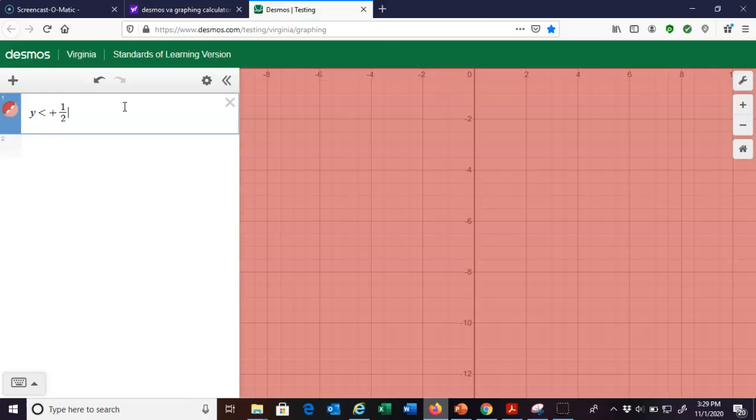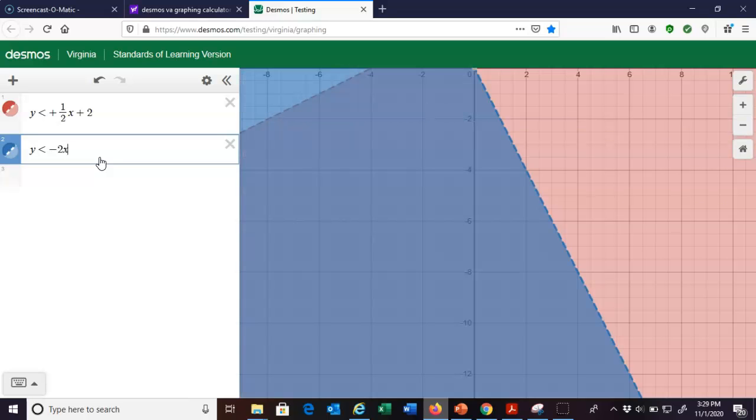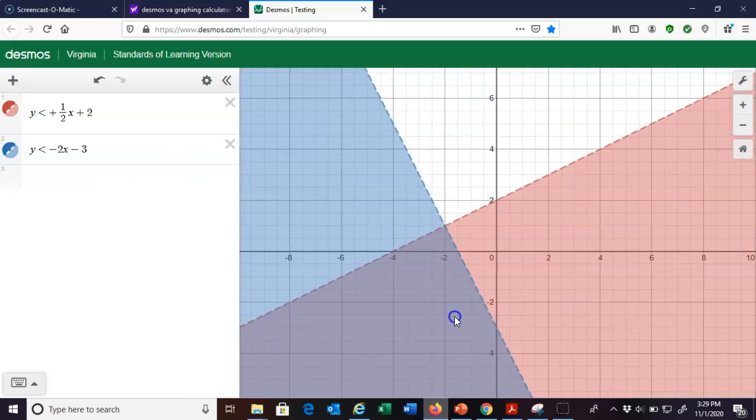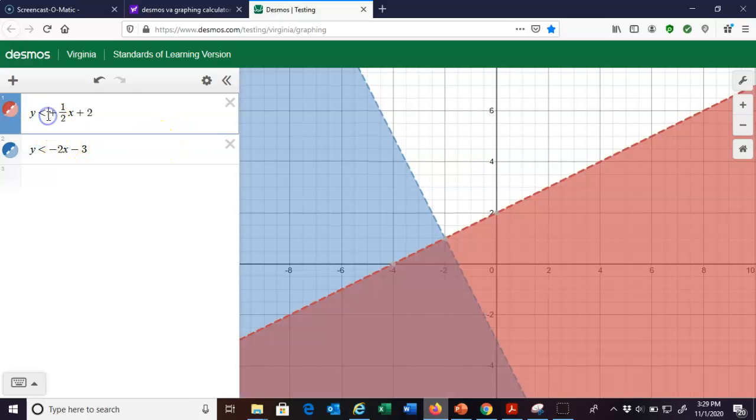Make sure you arrow over and get out of that fraction. Plus 2. And then y is less than negative 2x minus 3. Hold on, I need an equal to here. There we go. We're just going to match it up with the diagram.